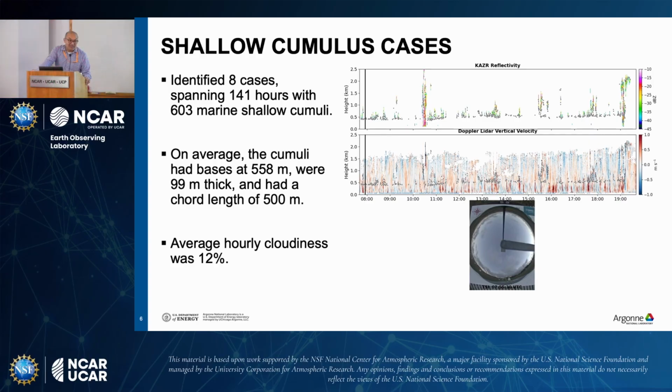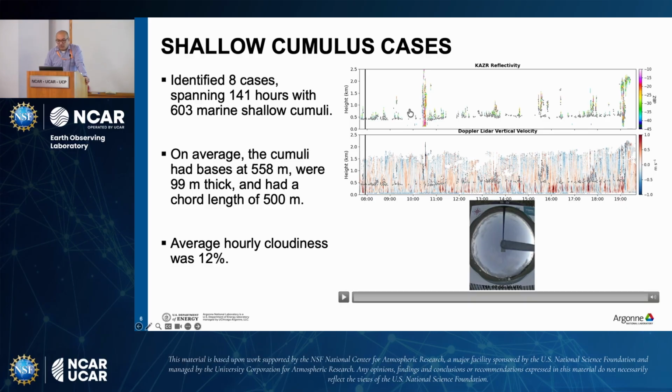Very good question. I do have thoughts. It is very hard to do. Let's look at this figure. Our cloud base height is 500 meters. Let's assume we have a 1 meter per second updraft.